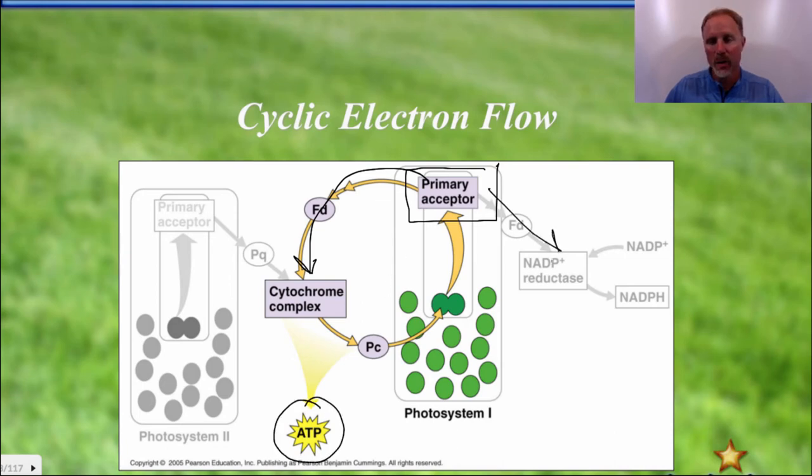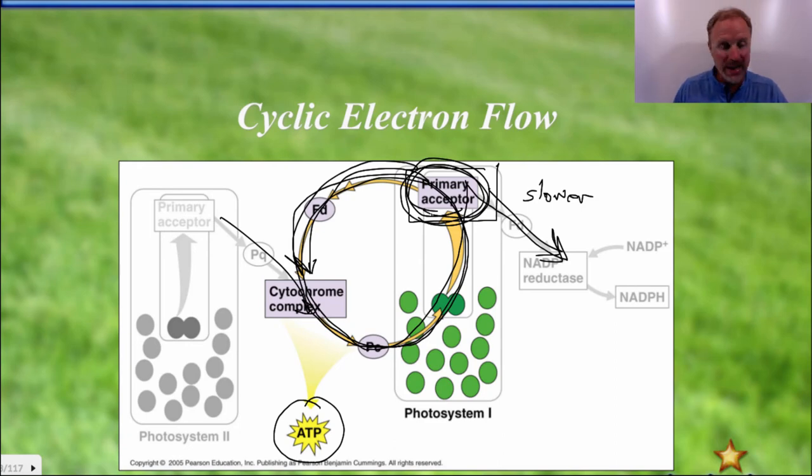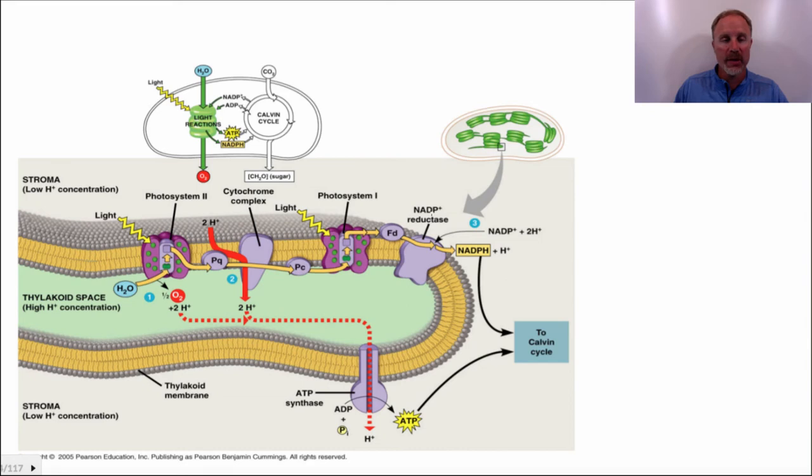This one works a little bit slower than the other one, and as a result, these tend to get backed up right around here. So we funnel them back in. You can see that this is cyclic in that it continually repeats itself over and over again. Eventually, they're going to get out, but because we get a backlog at the top of photosystem 1, we can funnel them back into the electron transport chain to generate the ATP.